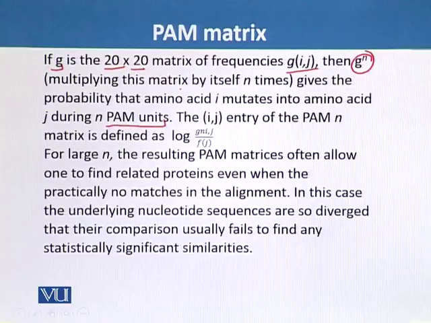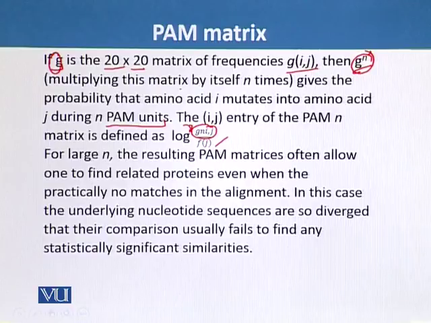Very simple: the ij entry in PAM n is obtained by replacing G with G to the n and dividing by Fj, since in the last slide we had Gij.